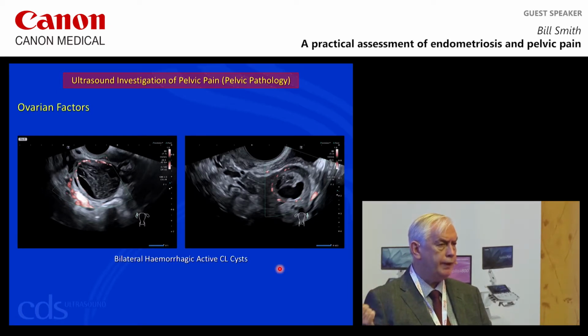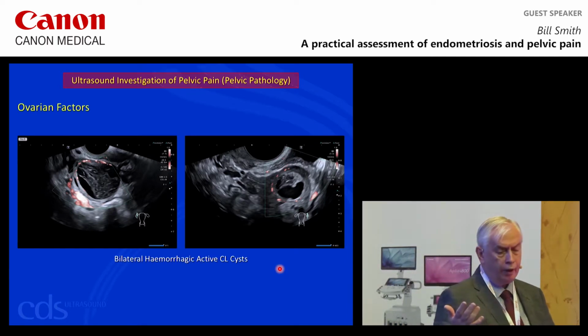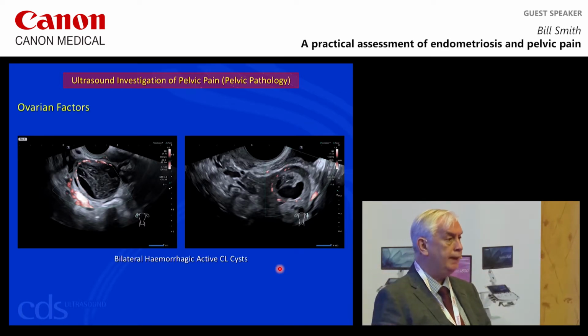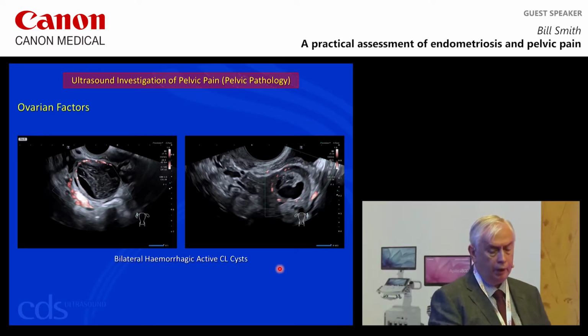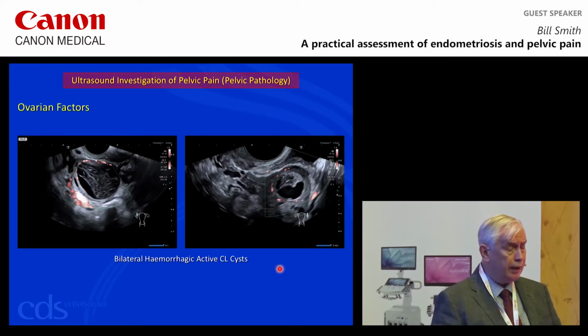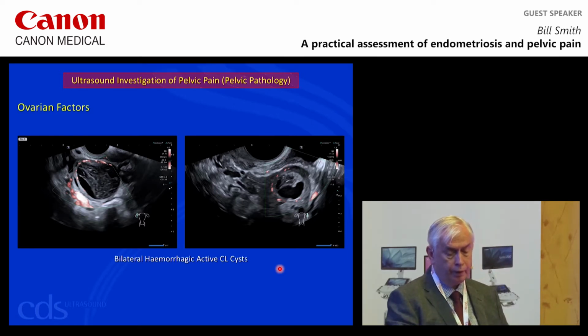But from their grayscale appearances, they can look quite sinister. This is why it's important to do follow-up scans. It gives us so much more information. And certainly when they collapse down, they will cause discomfort, and you'll see why they cause discomfort in a second.